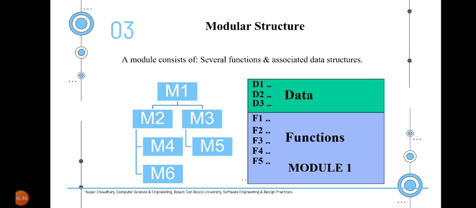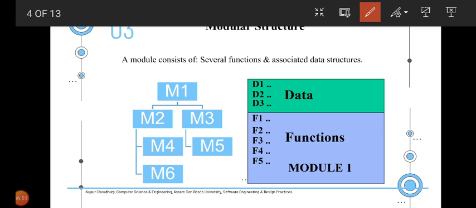Let us consider this particular diagram that is shown. Suppose the entire project was written in module M1 and all M2, M3, M4, M5 and M6, all of them have different functionalities associated with it and different requirements associated with it.